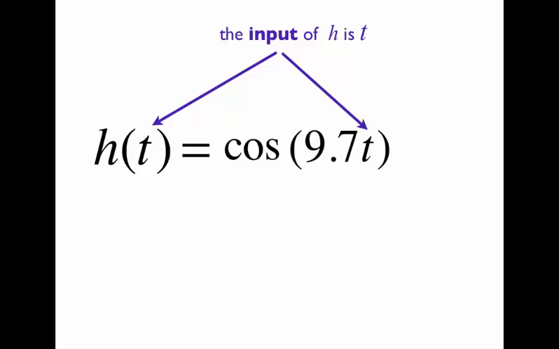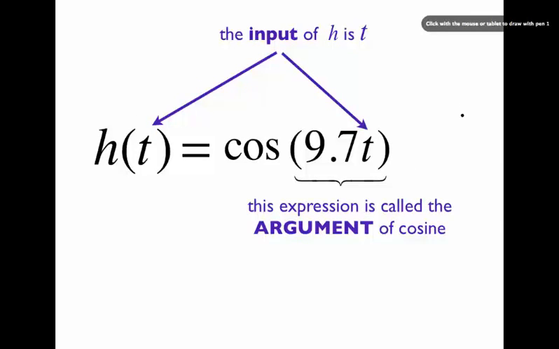But we saw that this thing right here was very important for us for determining the period. Okay, so we have a special name for that so that we can distinguish between the input and this whole thing that's going into cosine. All right, so we call that the argument. Doesn't mean we're mad at each other.